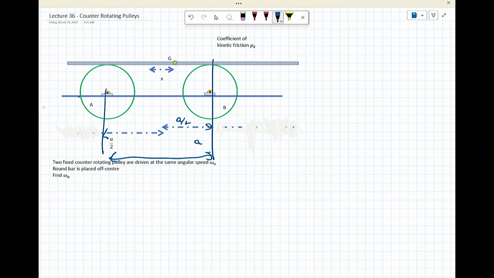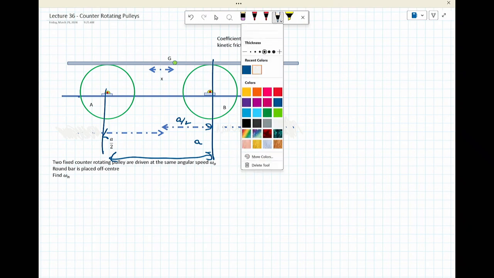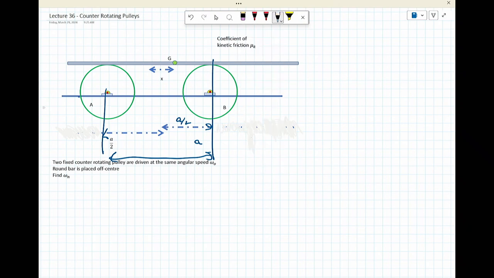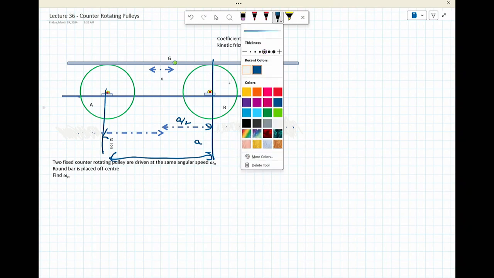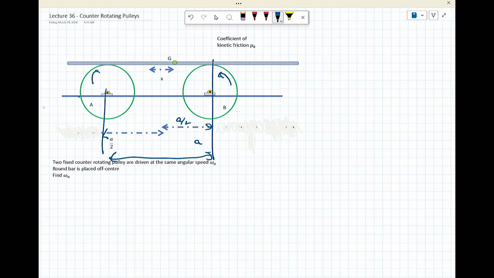Okay, as usual, I've drawn expertly this figure. What you're dealing with here is a pole that is balanced on two counter-rotating wheels, and each of the wheels is rotating in the opposite sense.